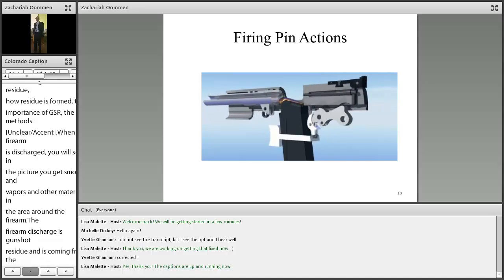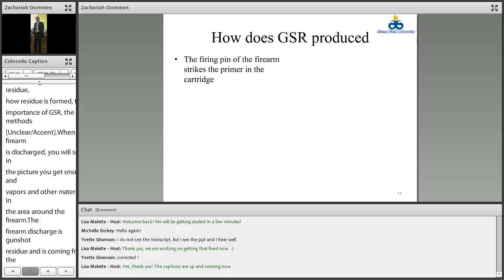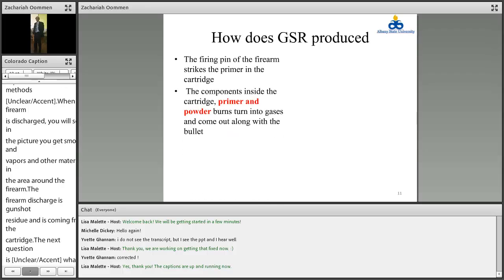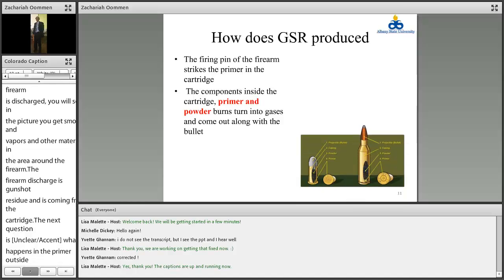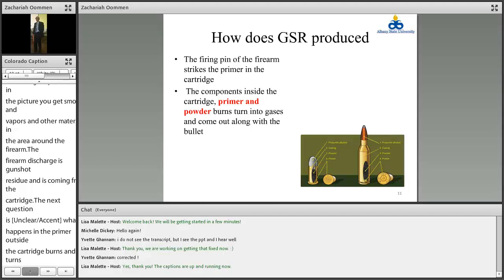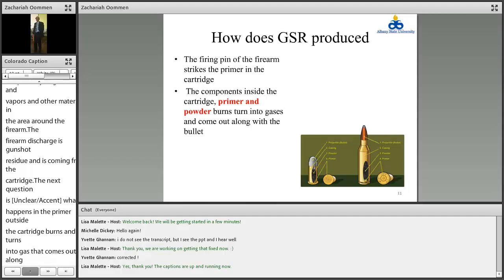When the firing pin strikes the base of the cartridge, the primer and the powder inside the cartridge burn and turn into gases and come out along with the bullet. For those who are not familiar with the cartridge, let me say that the cartridge consists of a bullet, which is located at the top.